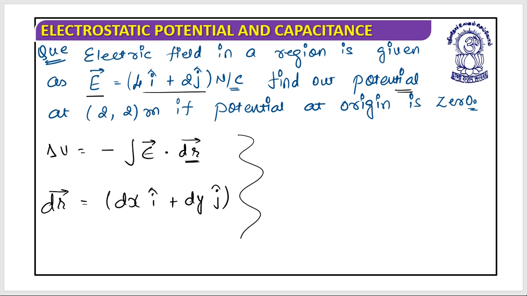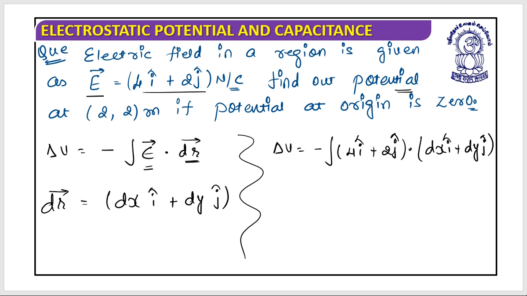Now, what I need to do is delta V is equals to minus electric field, which is 4 i cap plus 2 j cap, having a dot product with dx of i cap plus dy of j cap. So this is i cap multiplied by i cap.